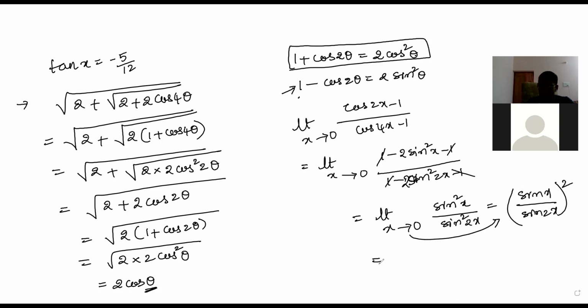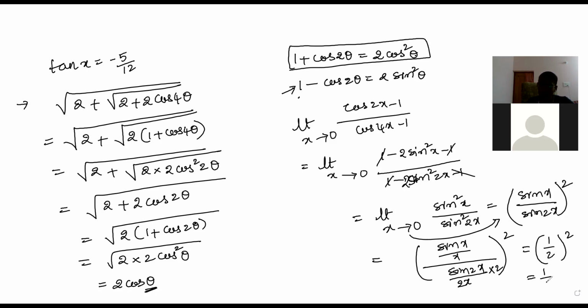Yes, you have to divide with x, sin x into x, and multiply and divide by 2x, this whole square here. That's why we have to multiply here. So this is going to be 1 by 2 whole square. Yes, sir, I got 1 by 4 as the answer.